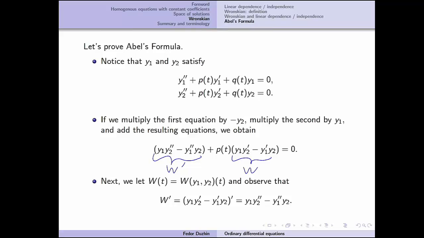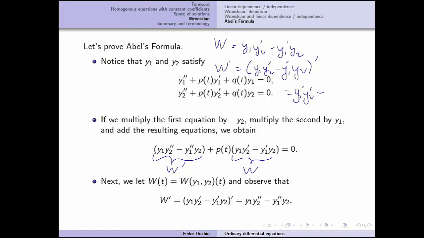Now you can verify it. Well, let me do it. If the Wronskian is y1 y2 prime minus y1 prime y2, then the derivative of the Wronskian is the derivative of this whole thing. The derivative of the first term by the product rule is y1 prime y2 prime plus y1 y2 double prime.